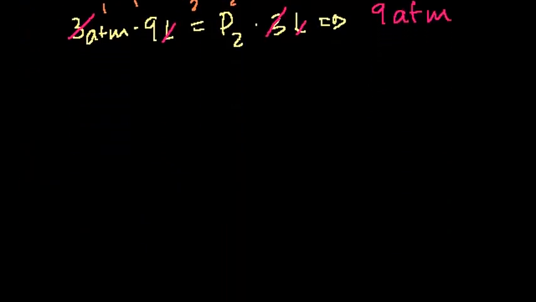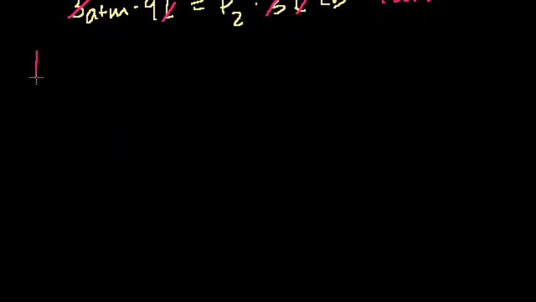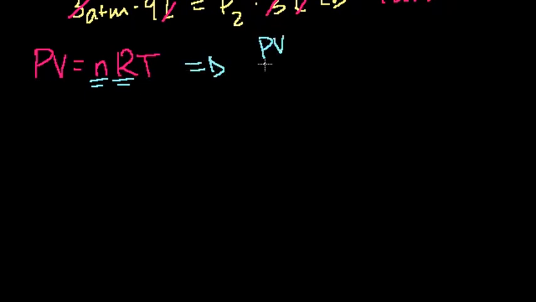Now, you can take that even further. If we look at PV equals nRT, the two things that we know don't change in the vast majority of exercises we do are the number of molecules we're dealing with, and obviously R isn't going to change. So if we divide both sides by T, we get PV over T is equal to nR, or you could say it's equal to a constant.